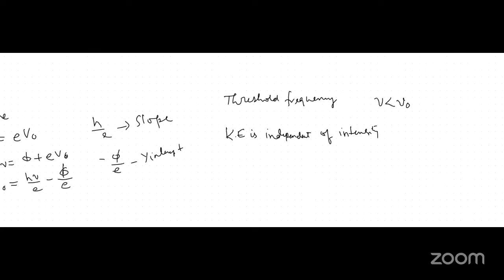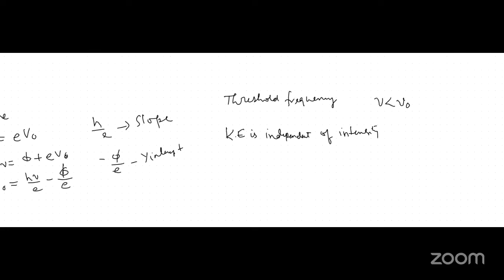The experimental verification of Einstein's explanation of the photoelectric effect was done by Millikan. Millikan conducted experiments between 1914 and 1916.